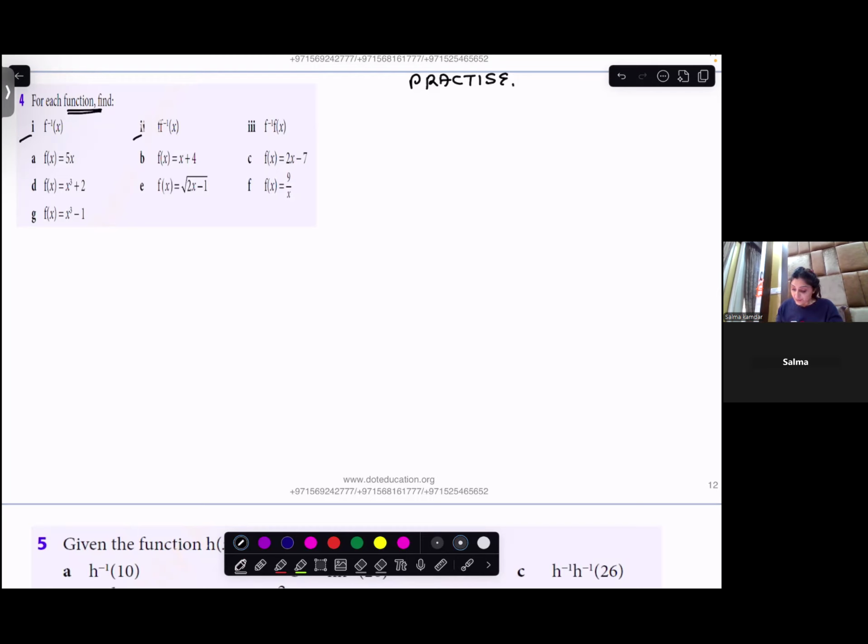So 1, 2, and 3, these are things that you have to practice. So you are given the functions f of x. Just understand what you have to do. Your f of x is equal to 5x. For each function, that is for all a to g, you have to find three things. You have to find f inverse x, f of f minus 1 x, that means f of f inverse x, and f inverse of f x for all these functions. Pause, try, come back.